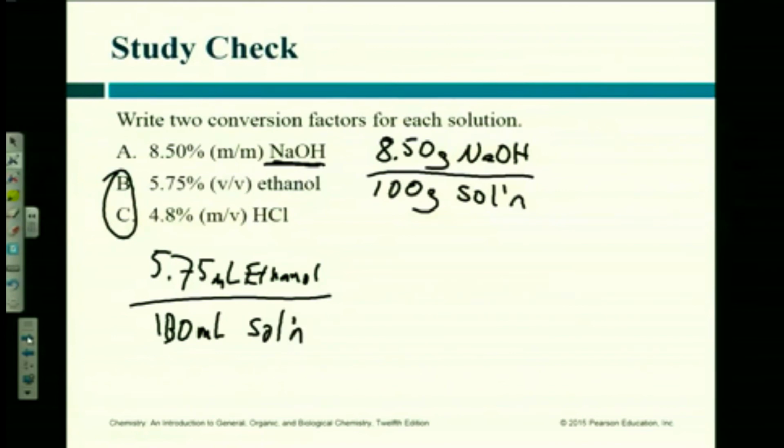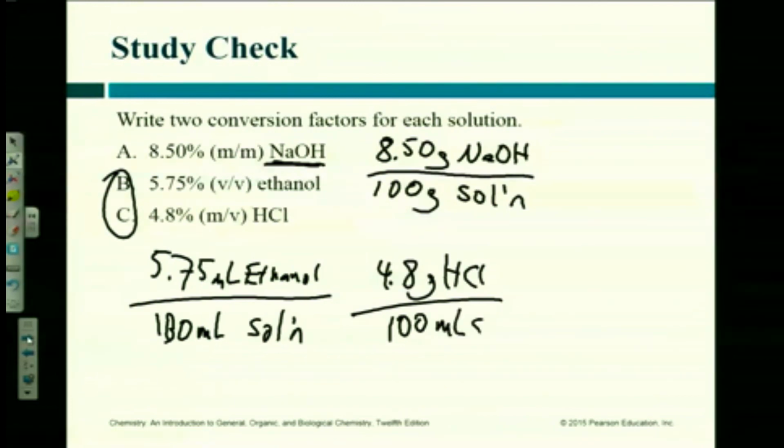Or flip it upside down. Now the other one. 4.8 grams of hydrogen chloride over 100 milliliters of solution. Or flip it upside down. Okay? Make sense?